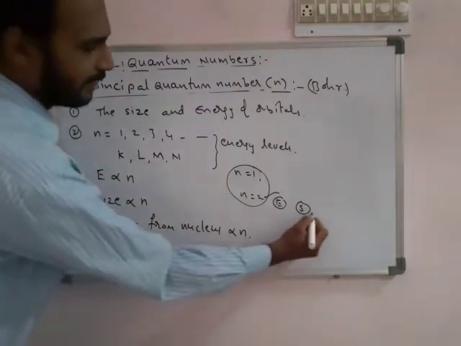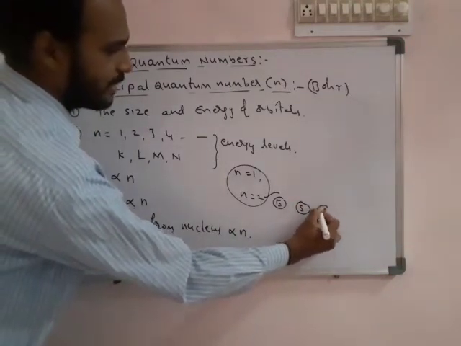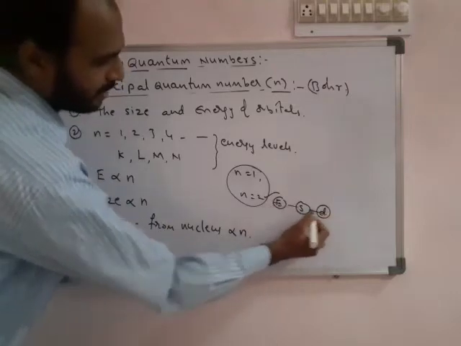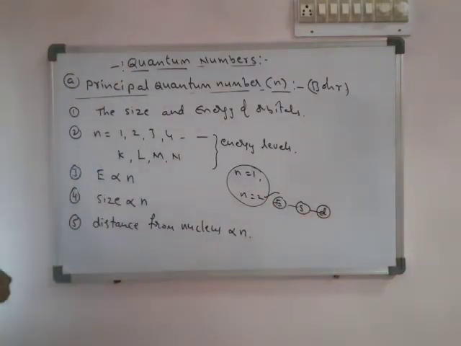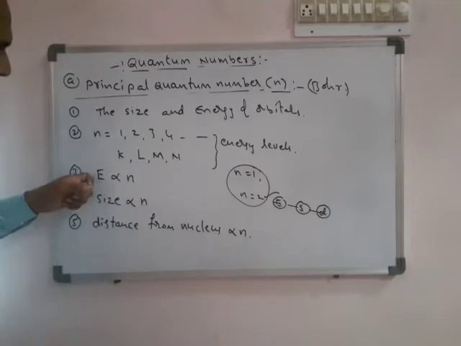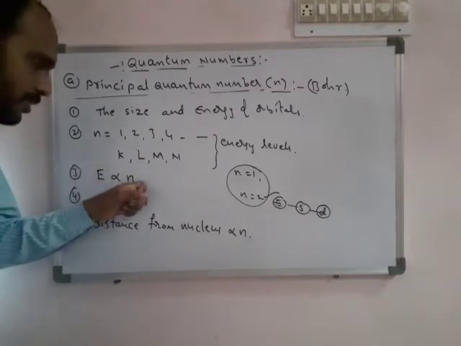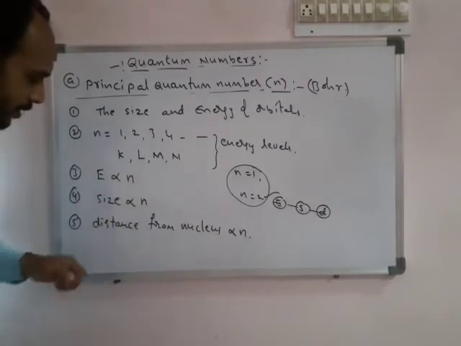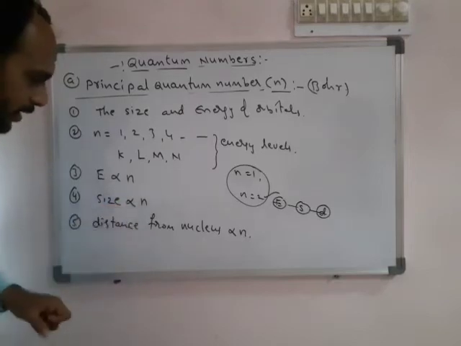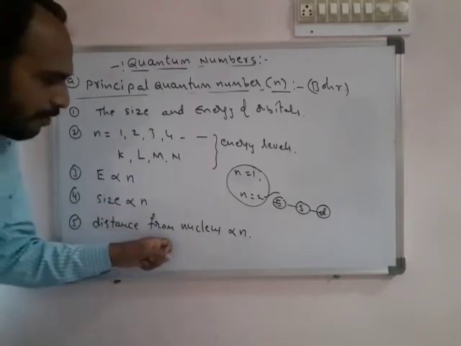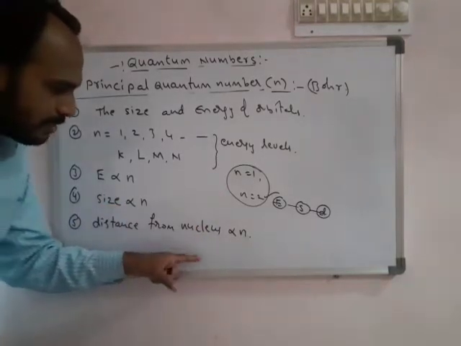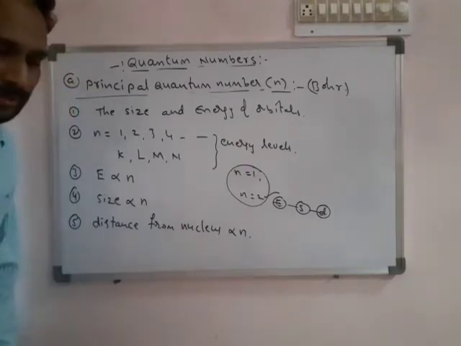Distance is also higher for the second one. So these are the three main factors for orbitals: energy of orbital is proportional to its principal quantum number, size is proportional to n, and distance from the nucleus is also directly proportional to the n value.